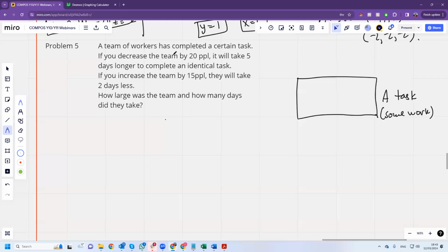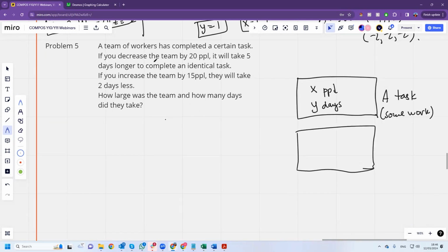And a team worked so many days. Okay. So let's say it is X people, and it took them Y days to complete. An identical task can be completed by 20 fewer people, so X minus 20 people.